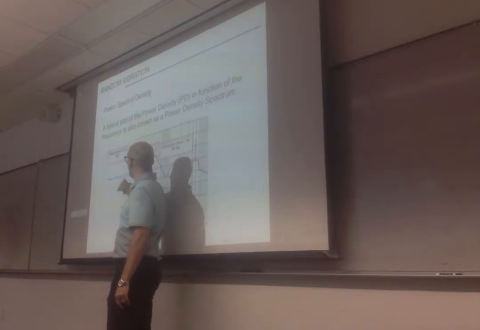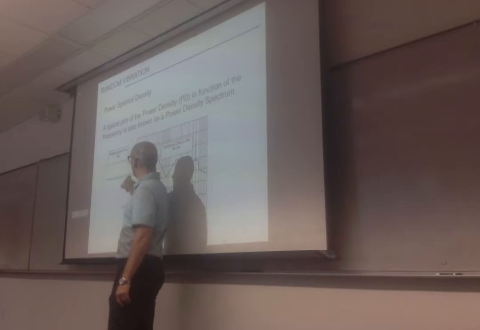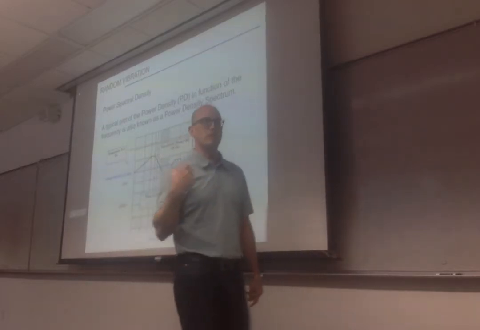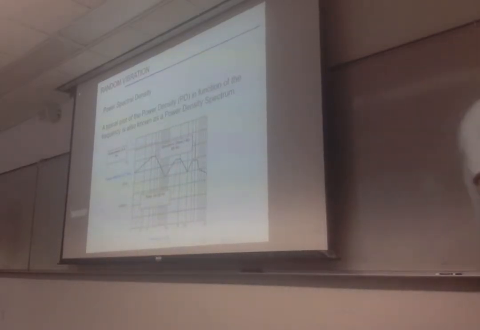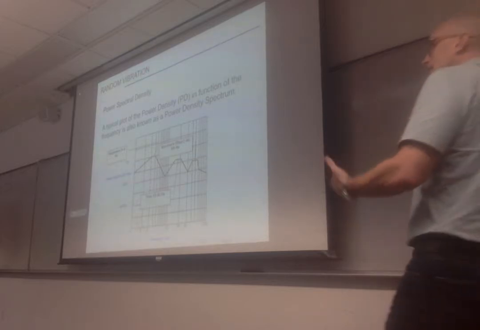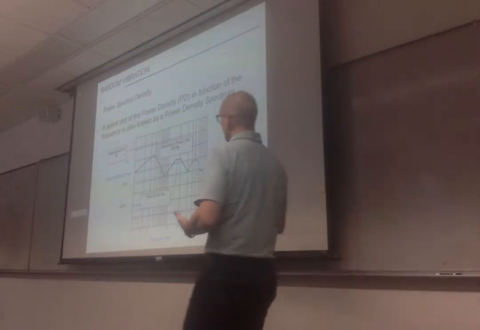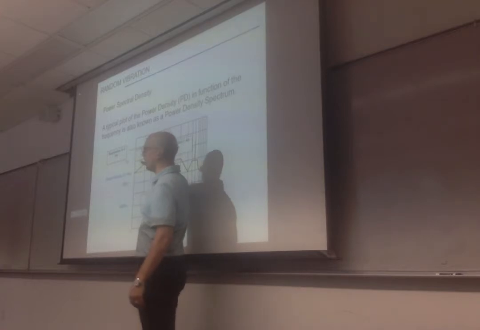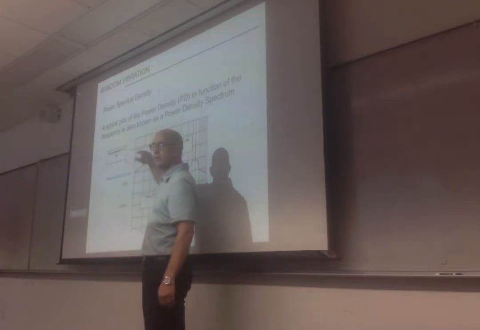So g squared per hertz is acceleration squared divided by the frequency range. And the frequency range is typically 1 hertz. So that means if I were to take the square root of 0.01, that will give me 0.1, right? So that indicates the standard deviation of the maximum acceleration, okay, for that range of value.